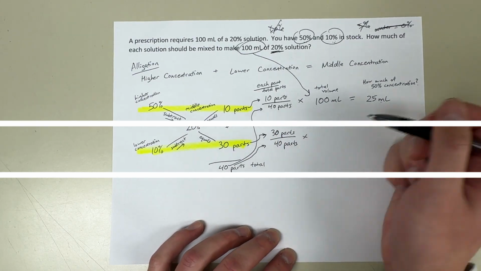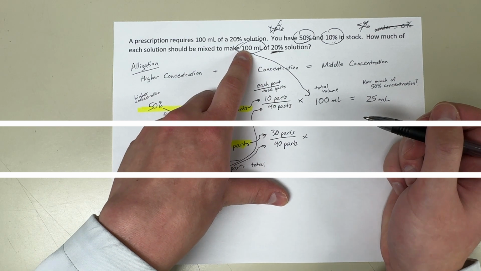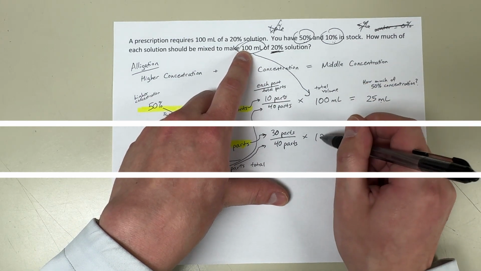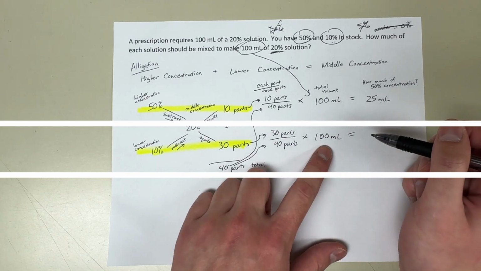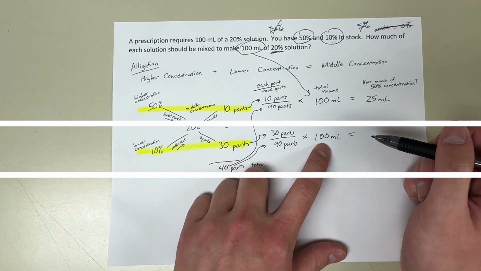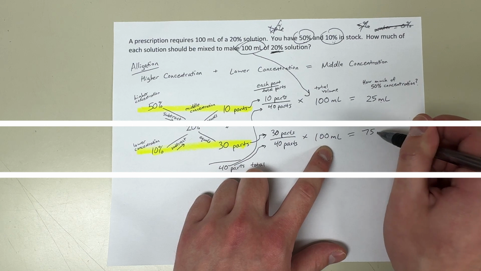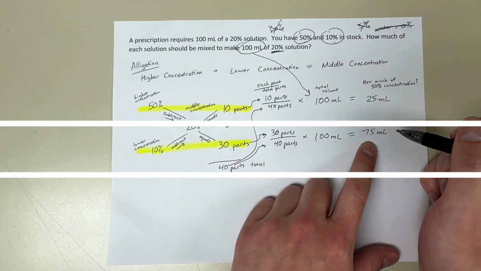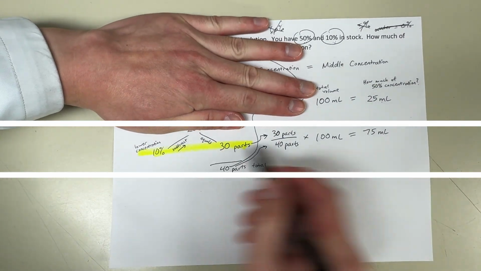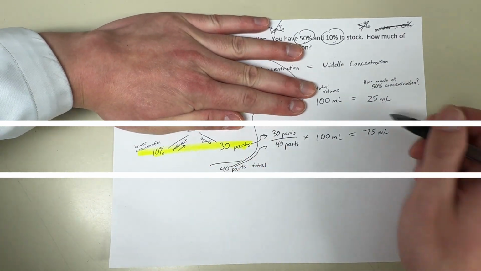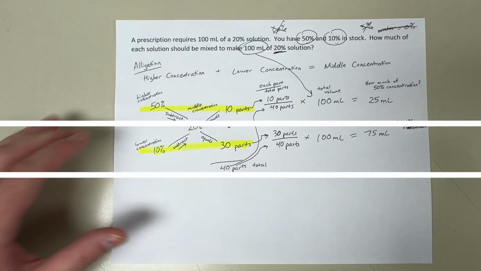And then multiply that by the total volume, because we want to make 100 milliliters. And then when you multiply this through, 30 over 40 times 100, that equals 75 milliliters. So this represents how much of the 10%, because I stay here this whole line. It's 75 milliliters of the 10%. So that's my final answer.